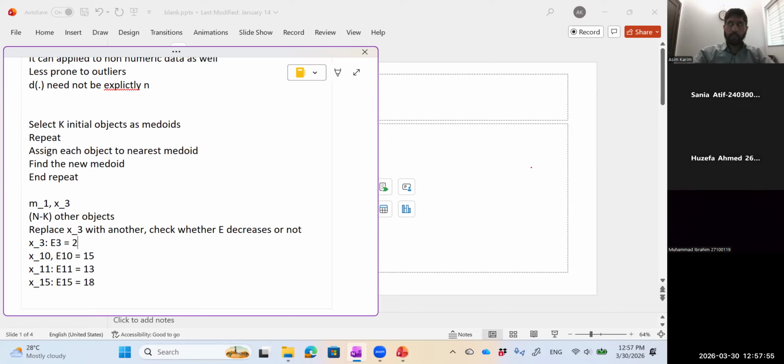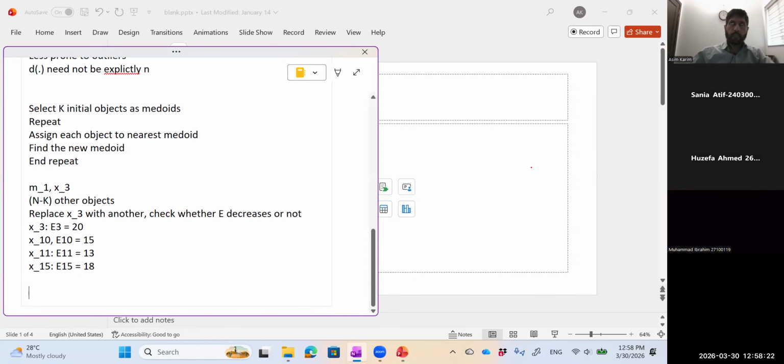X3 जो होगा ना, this will probably be let's say 20. ठीक है? So if you replace X3 with X11, our error will decrease, and this is the minimum among all the objects that we have tried that causes a decrease in error. इसका मतलब we will replace X3 with X11. So this is our new medoid for cluster 1. So M1 आपके पास अब हो जाएगा X11. ठीक है? So we'll do this for all the other M's.